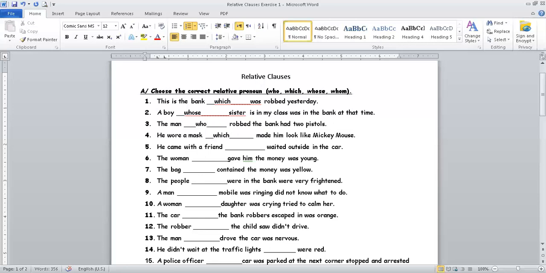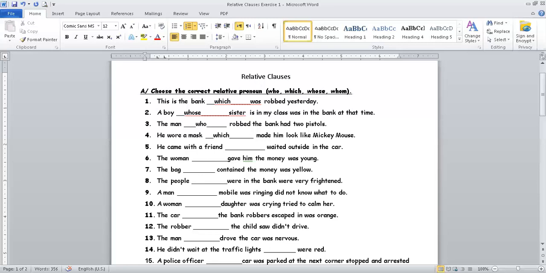He wore a mask which made him look like Mickey Mouse. What made him look like Mickey Mouse? If you ask yourself, the mask made him look like Mickey Mouse. So the mask in this sentence is the subject. Therefore, we use which, and which defines a subject, so it cannot be dropped.